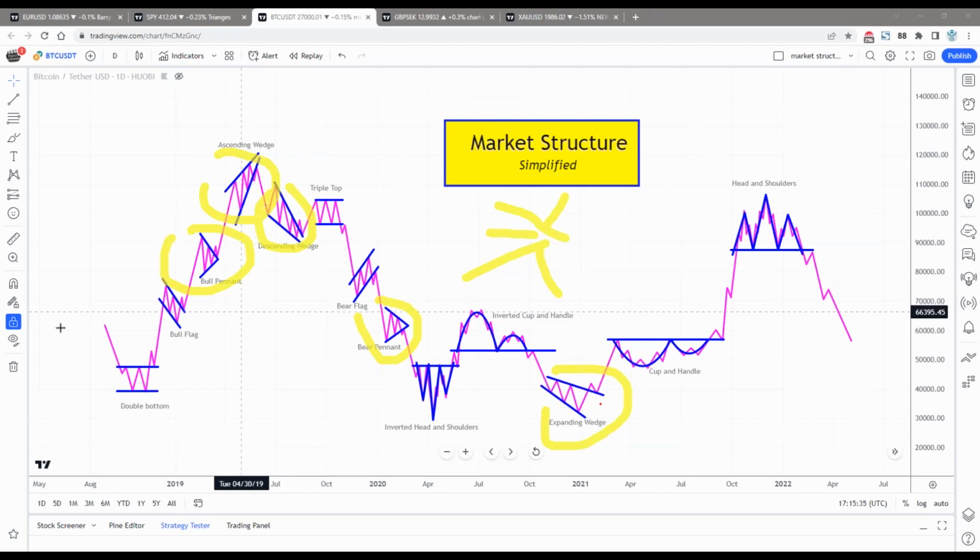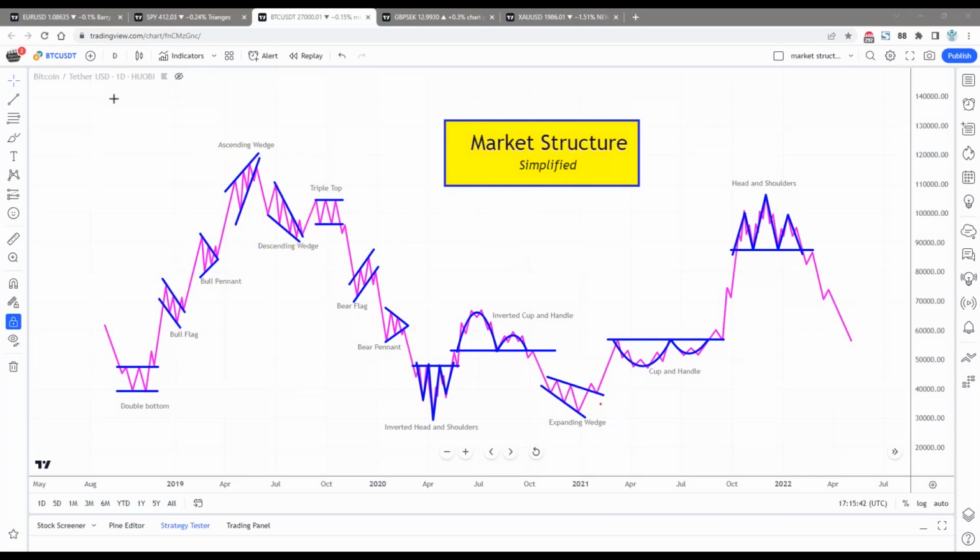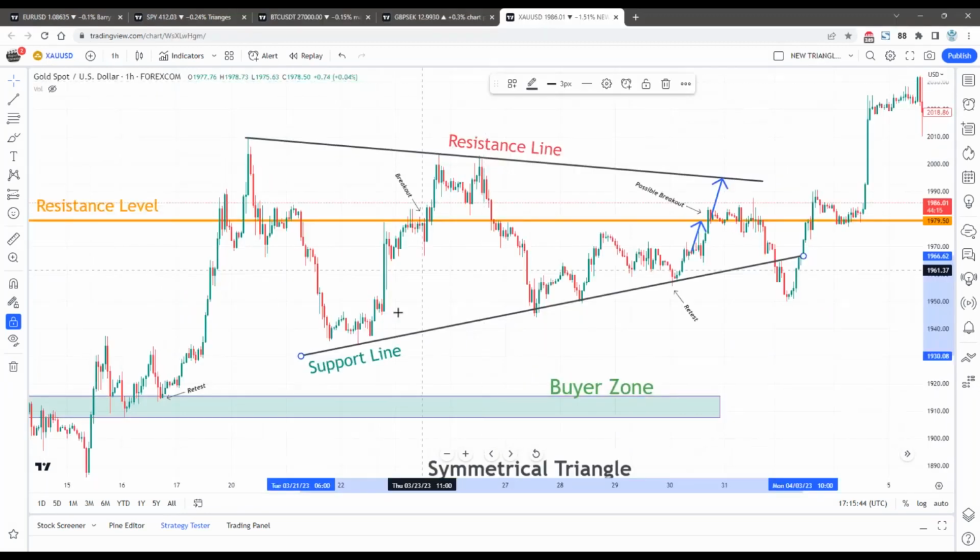But a triangle does give us lots of information and helps us make our trading decisions. Because when we see price moving between a converging support and resistance line, we know sooner or later it's going to break out of this pattern.